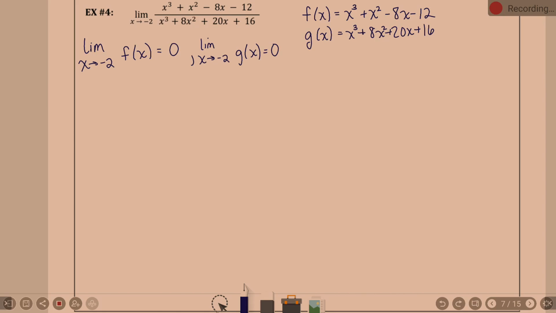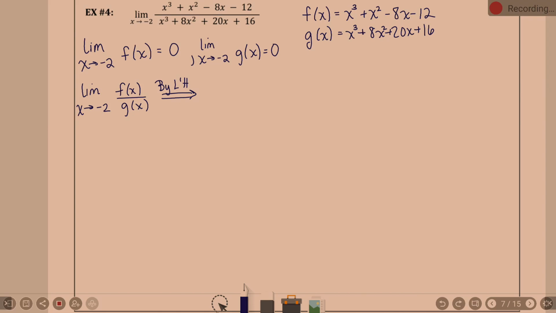And here's how I shortened up my notation. We're going to do the limit as x approaches negative 2 of f of x over g of x, and I stated each of my limits as 0. I'm going to shortcut right here and say by L'Hopital. I'm kind of shortcutting right there, but I can do that.